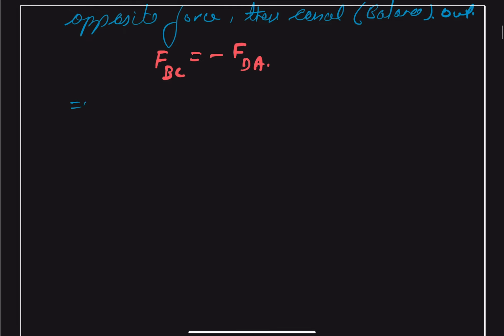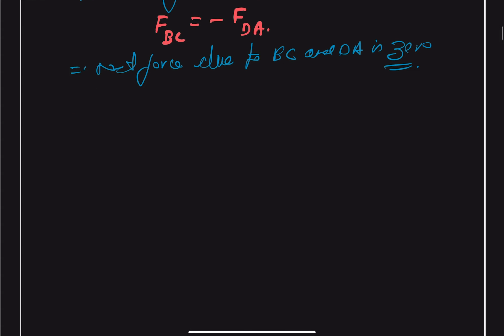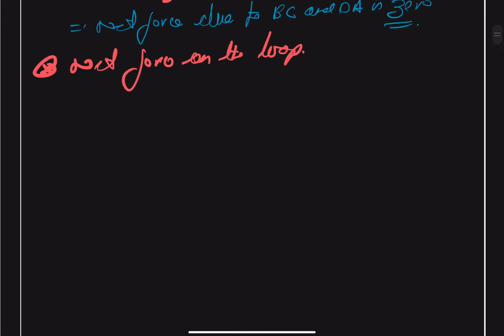Therefore, net force due to BC and DA is 0. Now we can find out net force on the loop, let us call that F net. And like I said, the force because of AB is greater than force because of CD.